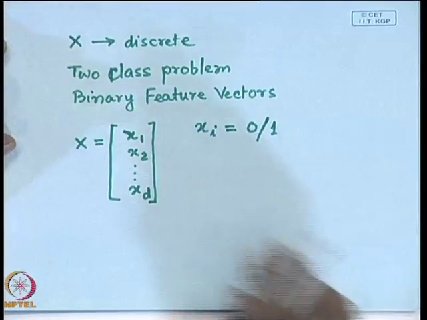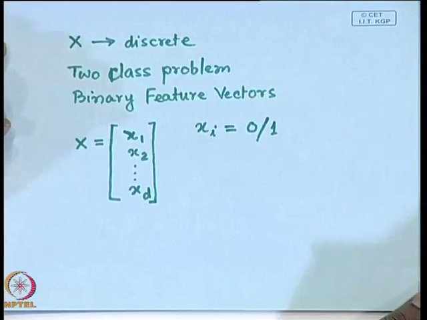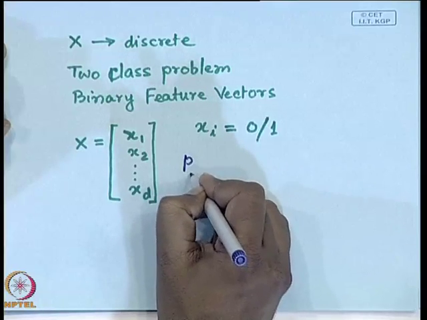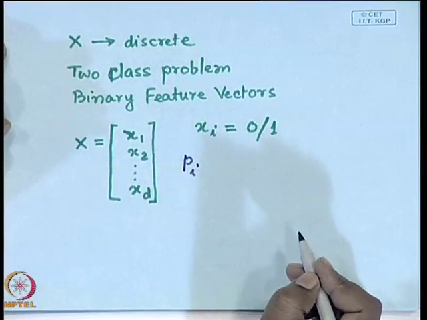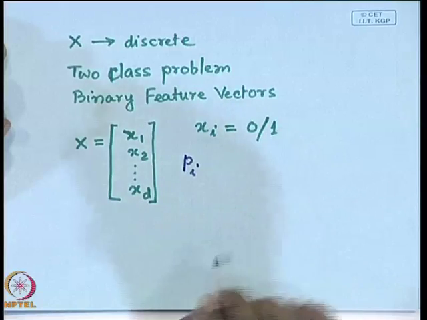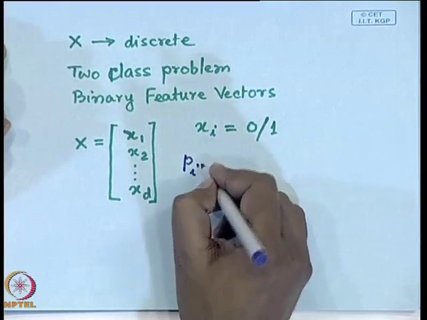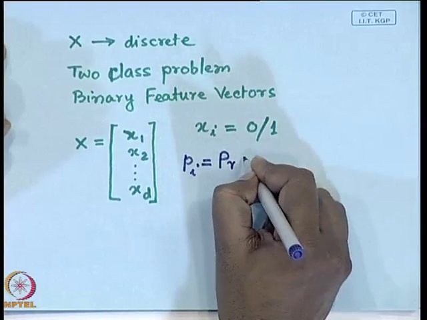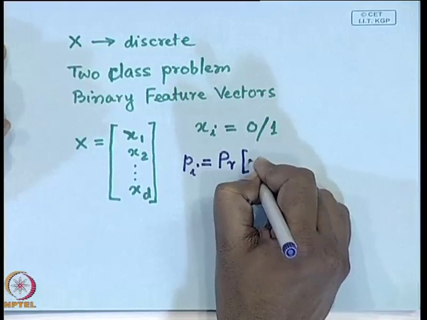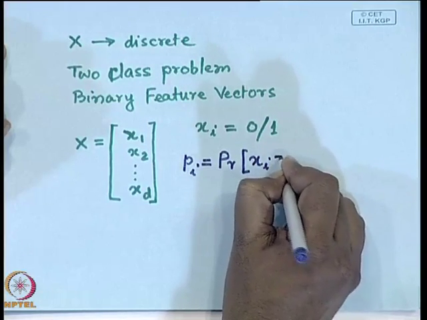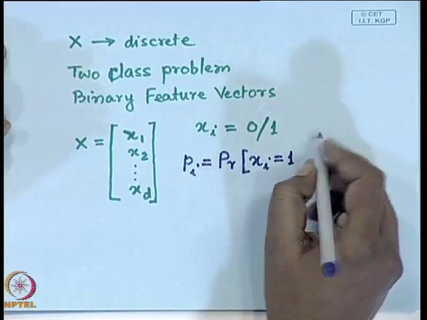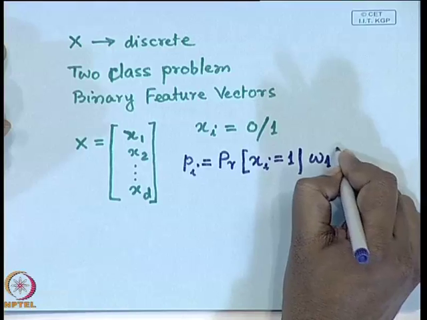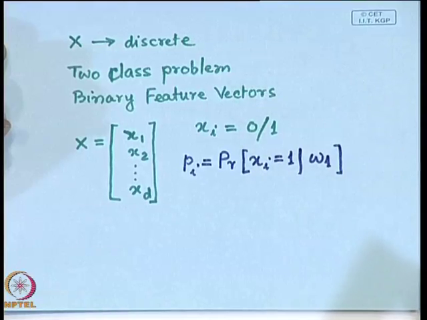Every feature component will be represented by a probability value, where I will use p i to represent the probability of the ith component. So, p i will be equal to the probability that component x i is equal to 1, given that the true state of nature or the true class is class omega 1.